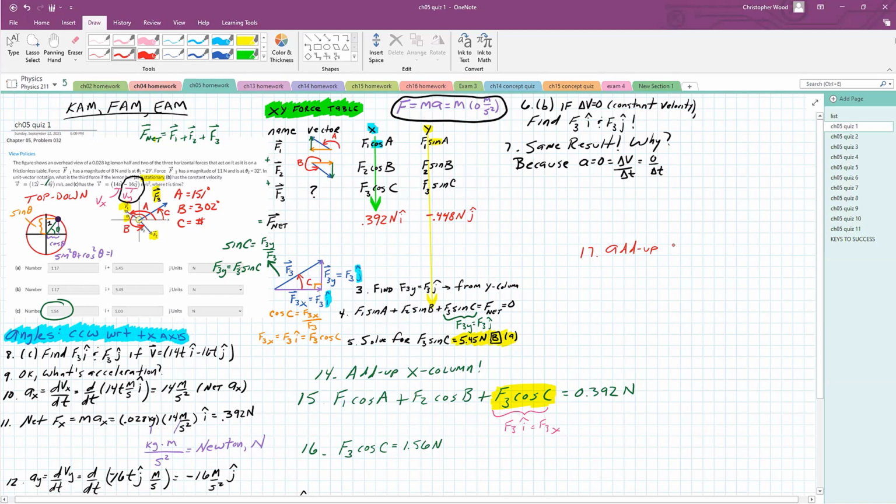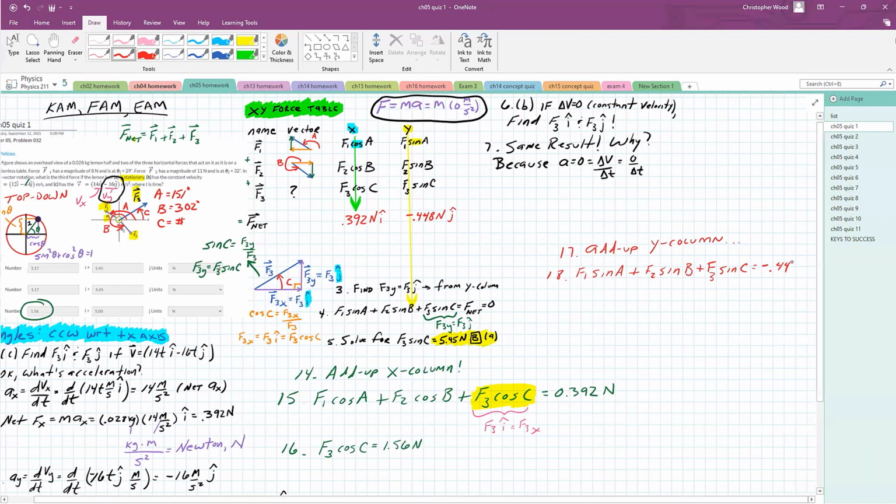the Y column. If I add up the Y column, this is what happens. I get F1 sine A plus F2 sine B plus F3 sine C equals the net force in the Y dimension, which is negative 0.448 newtons.